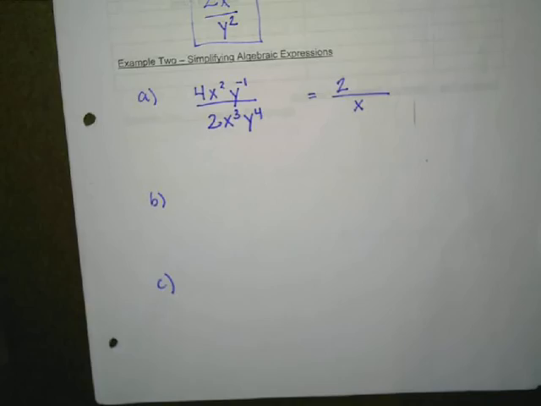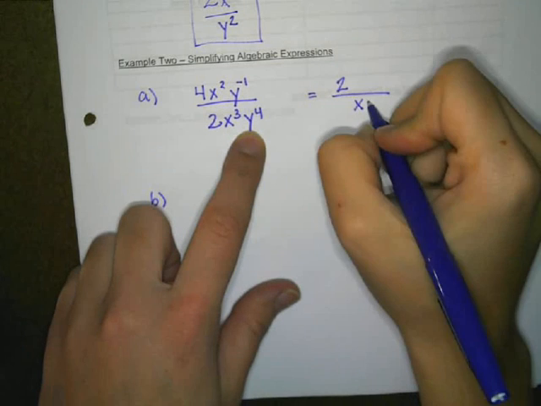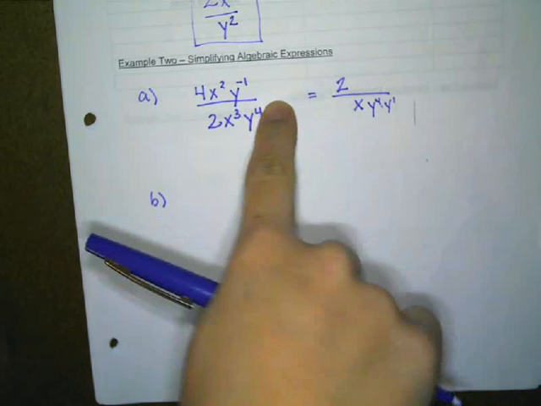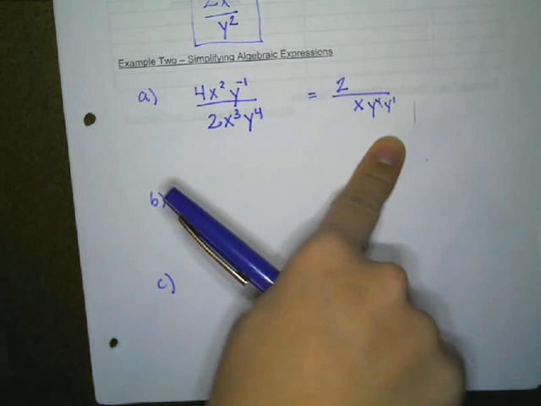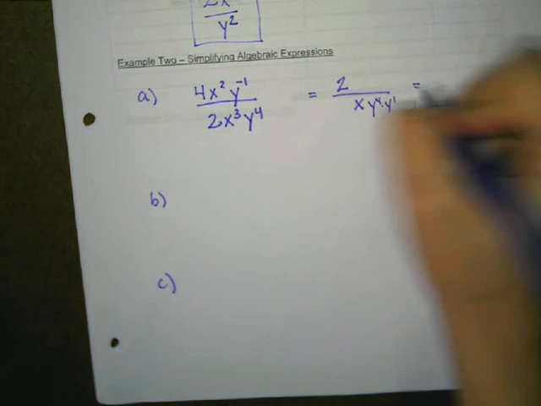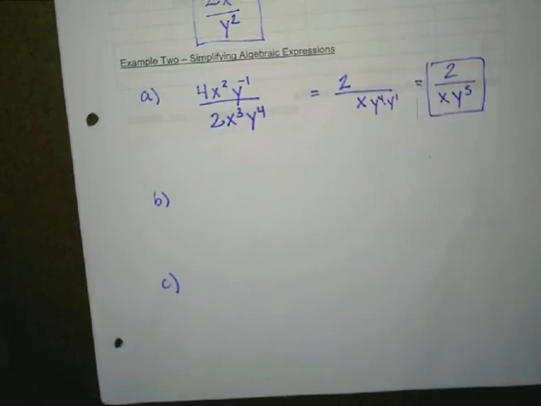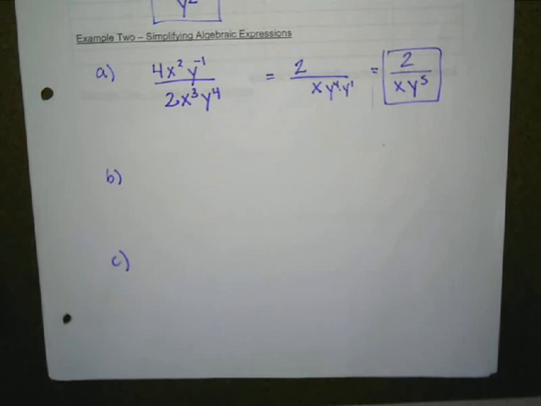So we'd have y to the 5th on the bottom. The other way that you can look at it is if you automatically try to flip negative exponents. You could write it as y to the 4th times y to the 1st, right? Because that would flip to the bottom. And then would that still become y to the 5th? Yeah. So either way you think about it, your final answer should be that. 2 over x y to the 5th.